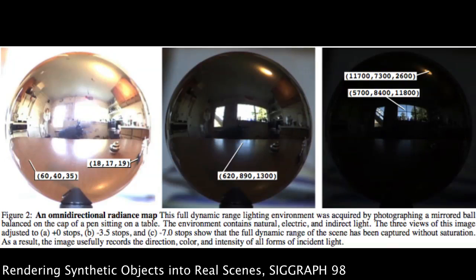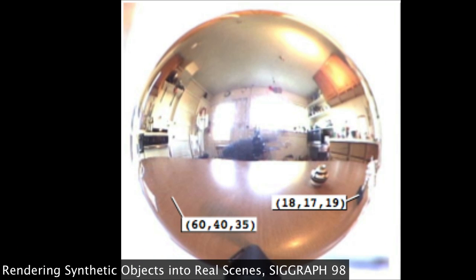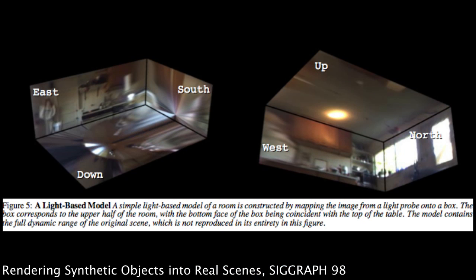It works really well, but the biggest problem is that you have to go back to the scene and take a picture of this mirrored sphere, which gives you lighting information from all angles of the scene, so you can insert a synthetic object at that position. Depending on your skill level, it might take you some time to take these pictures and create the environment map, which comes from the HDR light probe.